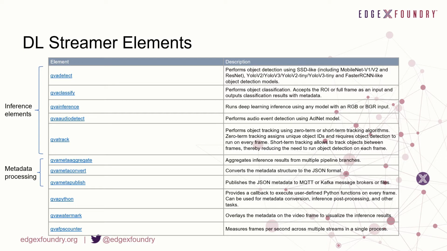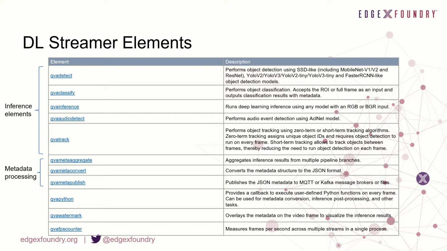The next set is for metadata processing: GVA meta aggregate, GVA meta convert, and GVA meta publish. We use these commands if we want to extract JSON objects, JSON messages, and send them over MQTT, Kafka, or a file.